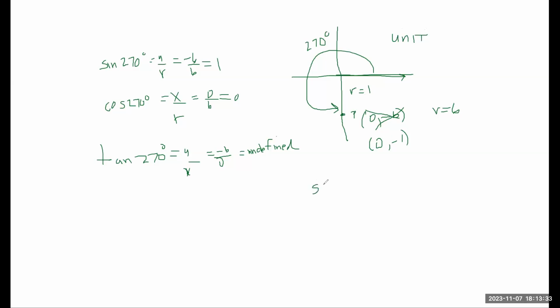Well, let me try to explain to you why they do this. It's because the sine of the angle is defined to be y over r. And if you let r be 1, then all you have to do is look at the y value of your coordinate.